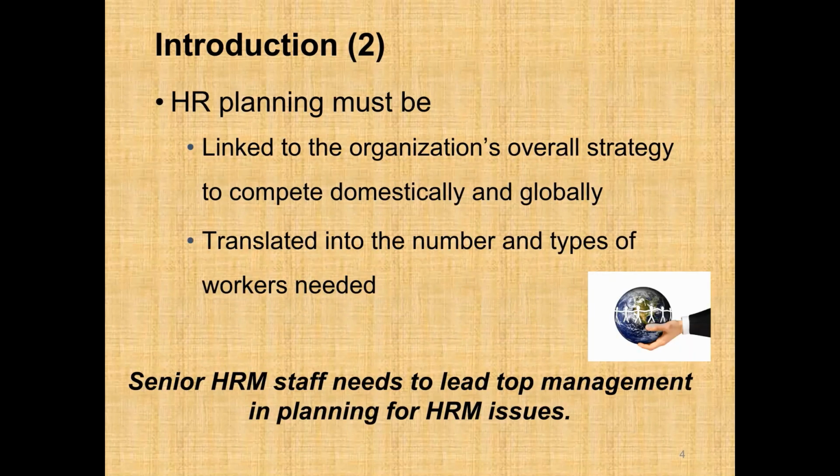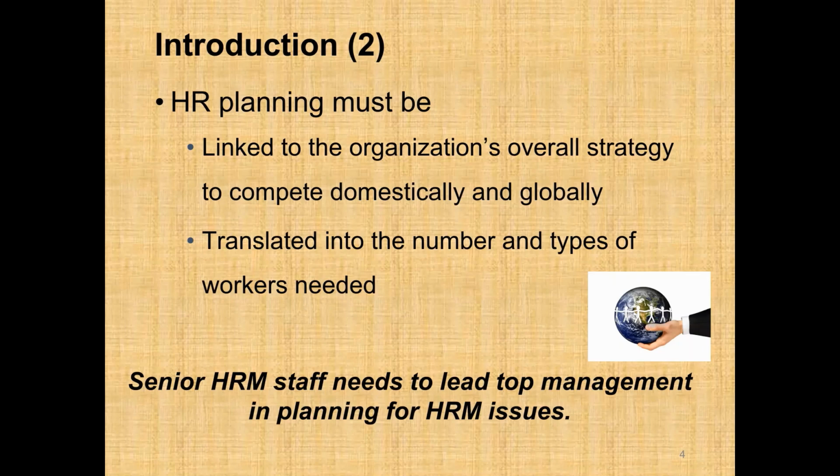In terms of planning, human resource planning is linked to the organization's overall strategy, whether it's a domestic, local, or global strategy. So human resource planning is translated into the number and types of workers that are needed for the organizational objectives.